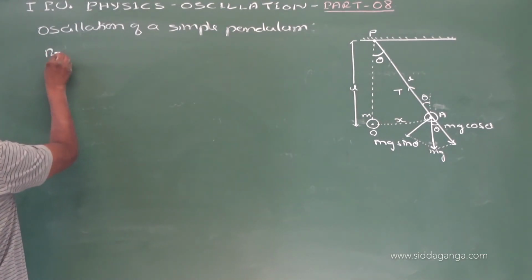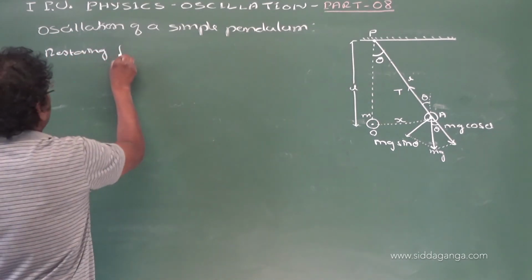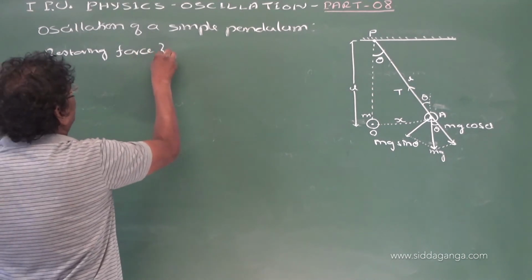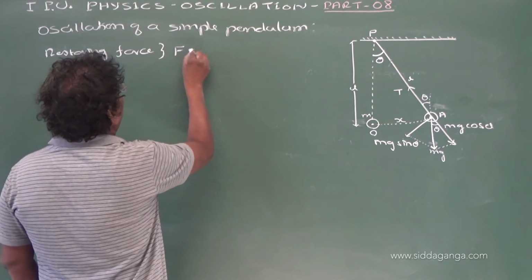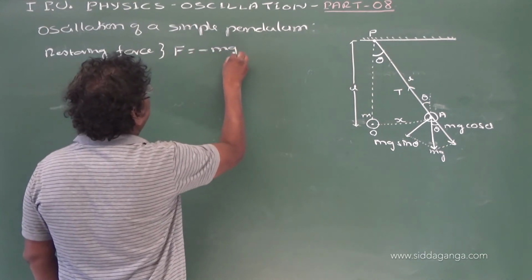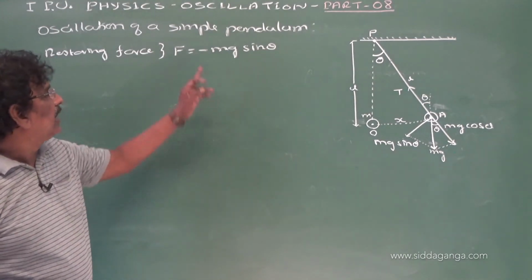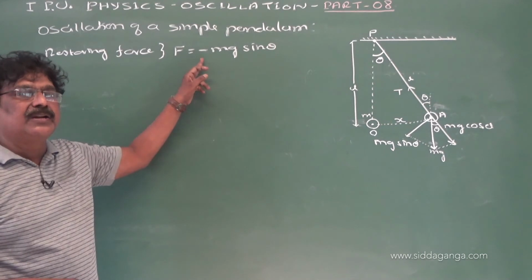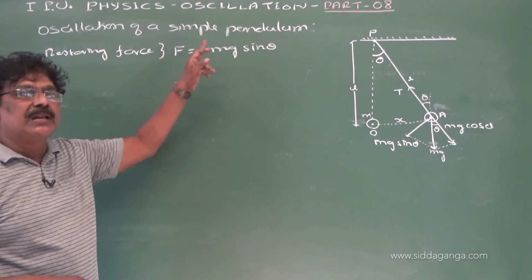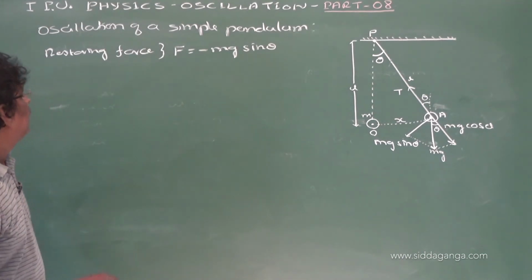Now let us derive the expression for the time period. The restoring force on the bob, F, is equal to minus mg sin theta, because the negative sign indicates that the force is always directed towards the mean position. That is the significance of this negative sign.